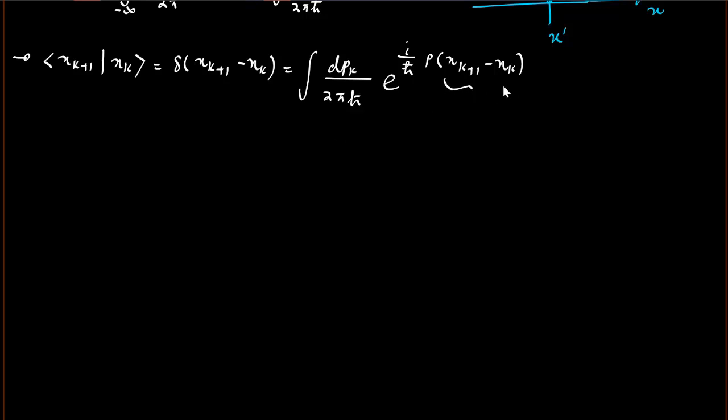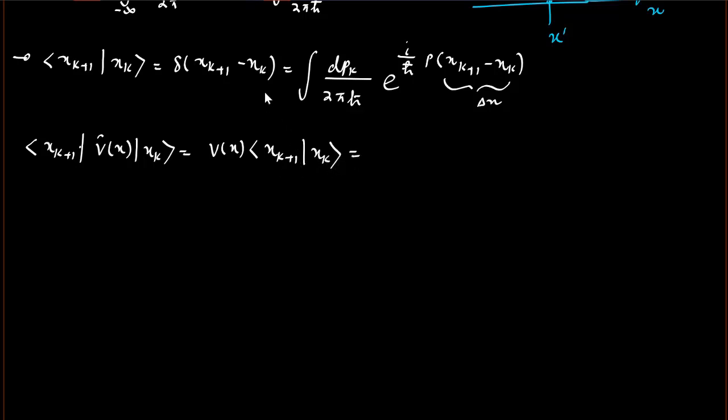From now on I will write this term as delta x. Similarly I can express the potential term, the bra vector <x_{k+1}| of this potential term. It is a function of positions only, so it will only give this term, and then again <x_{k+1}|x_k>, which is nothing but our usual delta function.